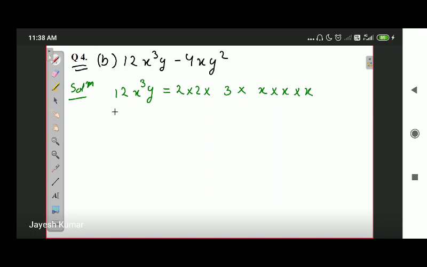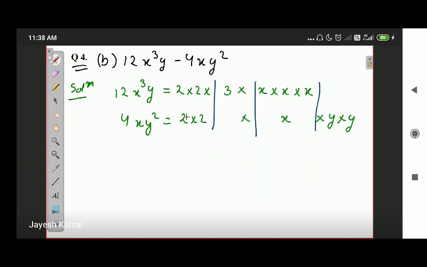And then we will express 4xy square as 2 into 2 into x into y into y. Once again, I am drawing these blue lines so that you can understand it better. In your copies, you need not draw these lines.